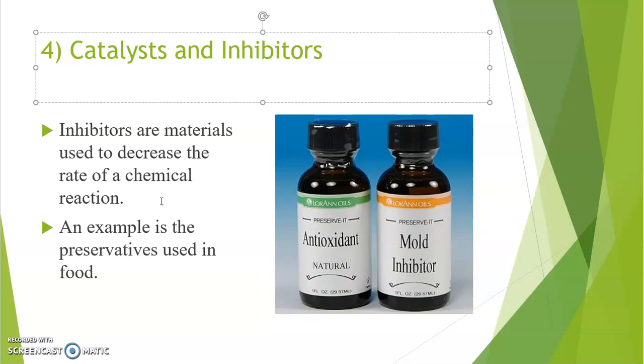What does it actually do? It decreases the rate of decay. It decreases the rate of the reaction inside, or the rotting, or whatever is happening inside. If you can see here, these are 2 inhibitors, mold inhibitor and antioxidants. They are used to preserve food. They are used as additives in food. So they are labeled as inhibitors.